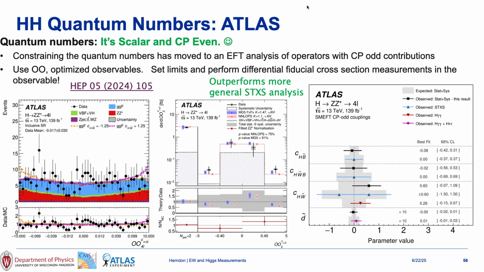And then over here, we see the actual limits that are put on these operators. And it's nice because it's comparing what was gotten similarly from the STXS. Maybe I shouldn't try to say that. So the simplified template cross-section analysis. And comparing to what's done with these optimized observables. So here we can see a very nice example of what came out of the template analysis and what we get out of this optimized analysis.